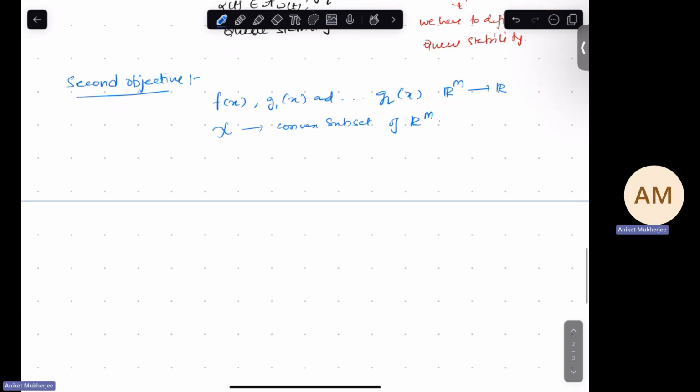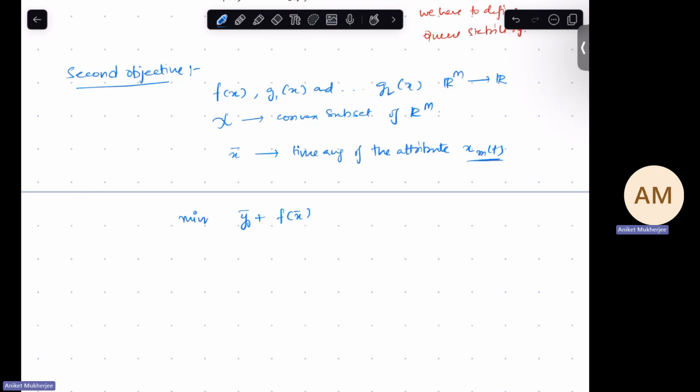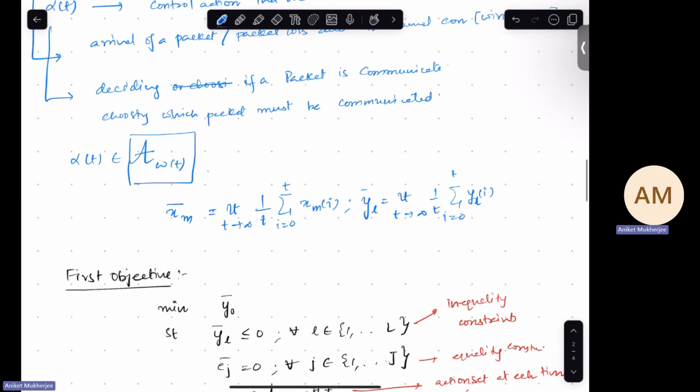I'll define the problem that we want to optimize. Minimize y0 bar plus fx bar, where X bar is the time average of the attribute x(t) that we have defined here.